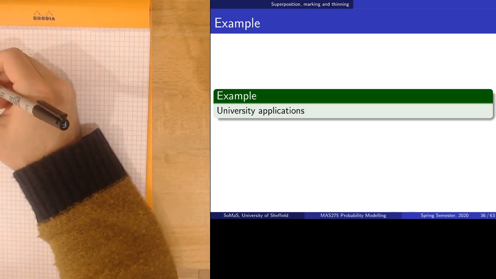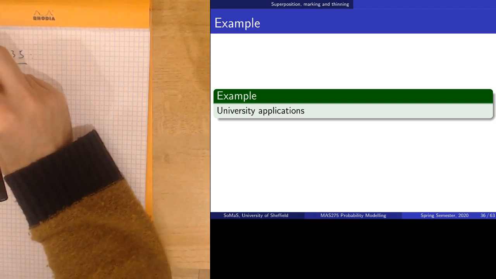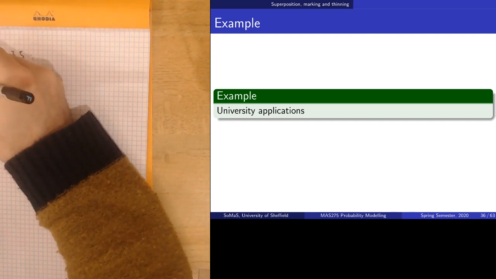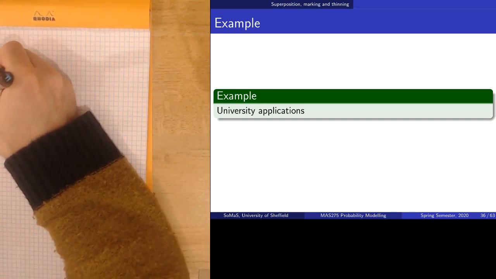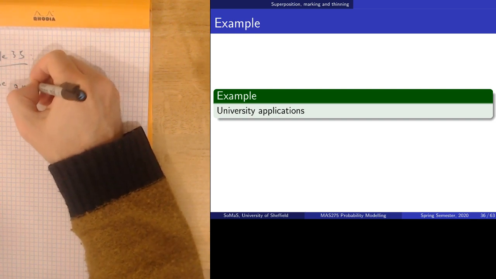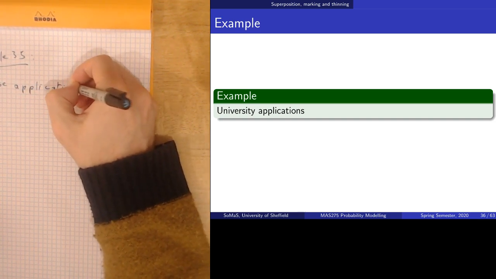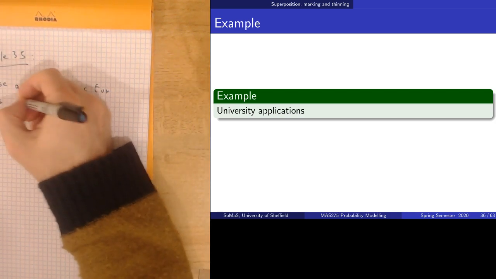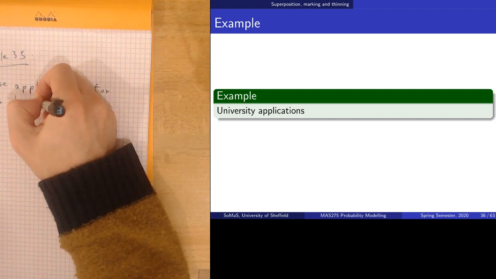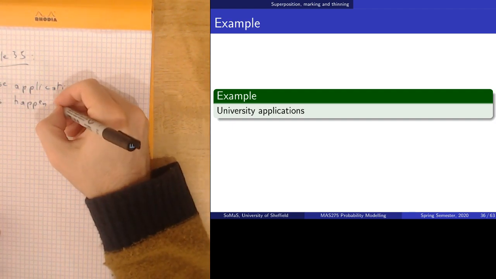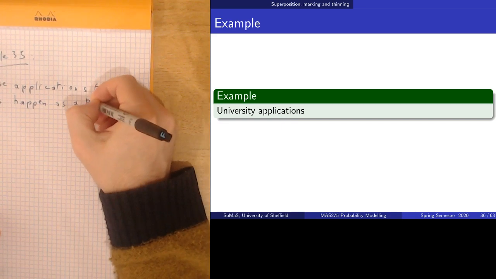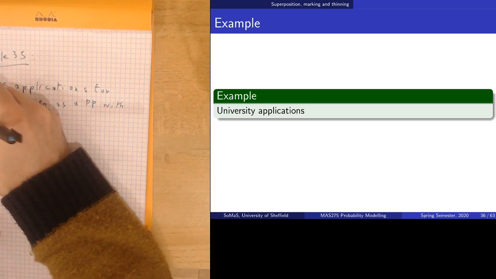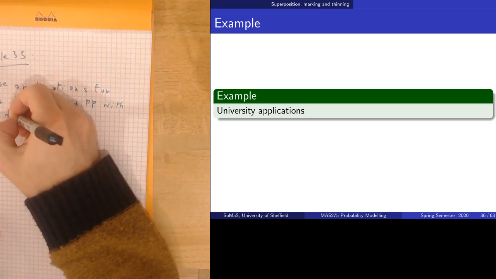Suppose I'm a staff worker at the University of Sheffield and we get applications for maths. Suppose applications for maths happen as a Poisson process, capital P, with rate lambda of t.